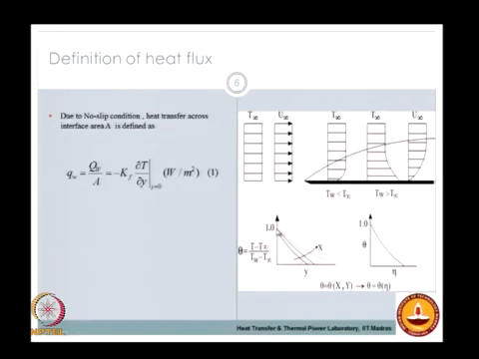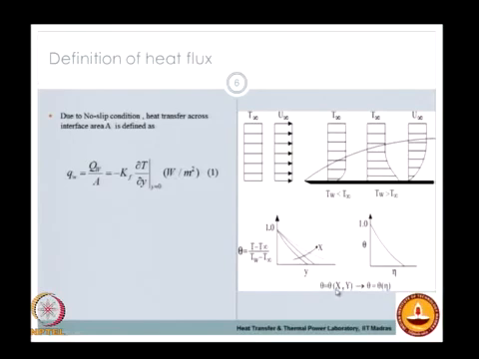Now if you plot these profiles, you find that they are dependent on both x and y. However, if you define what is called a similarity variable, which is a combination of both y and x, you can reduce the dependence of theta to a single variable, which is the similarity variable eta.